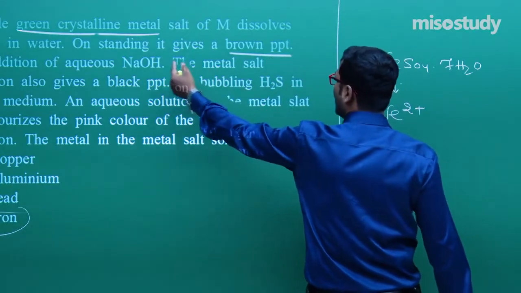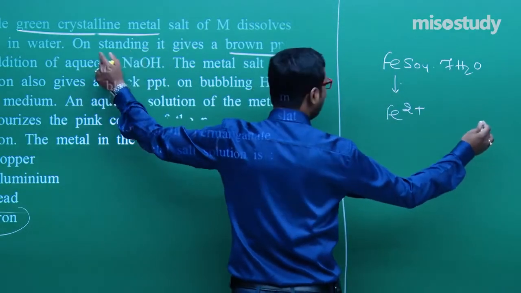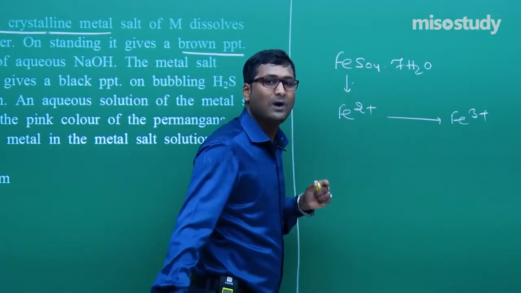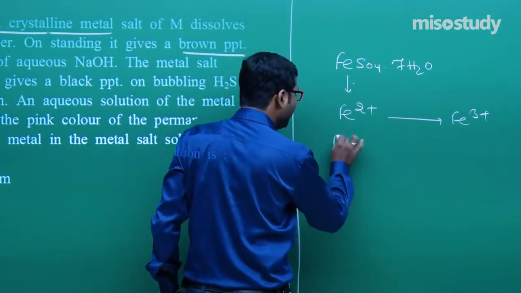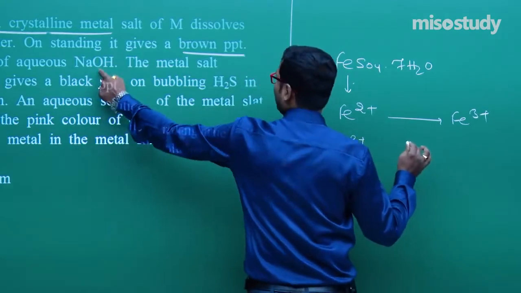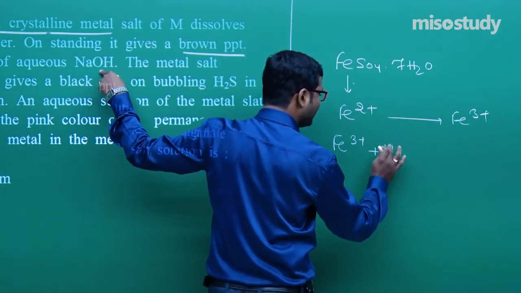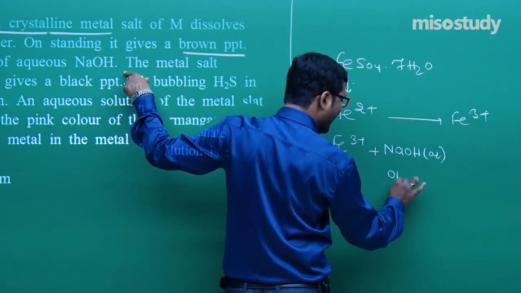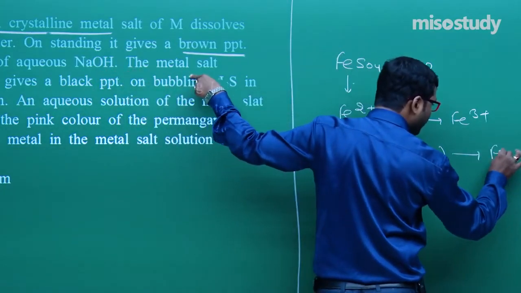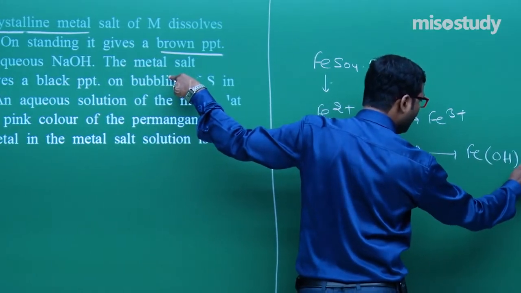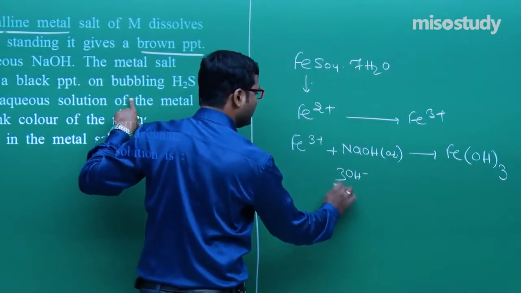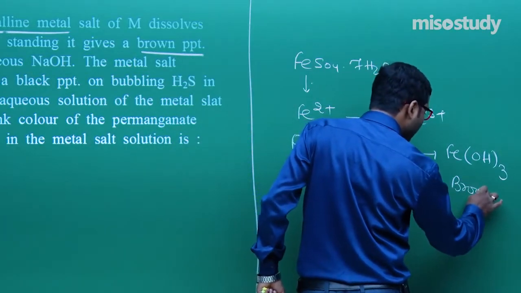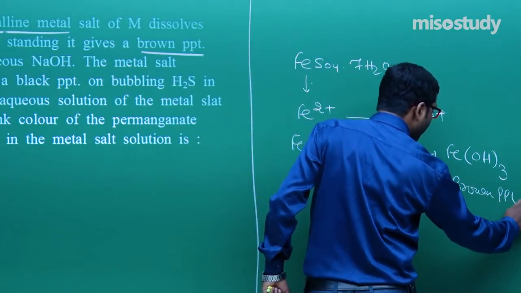Now read the question. On standing it gives a brown PPT, that is, it converts into Fe3+ ion. What does it mean? It means that on treatment with aqueous NaOH, that is OH minus, it will give you Fe(OH)3, and we all know this is a brown PPT.